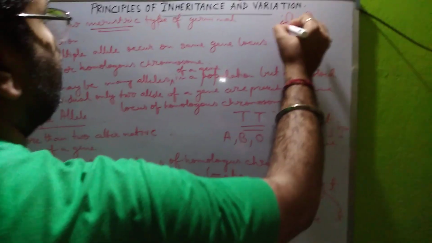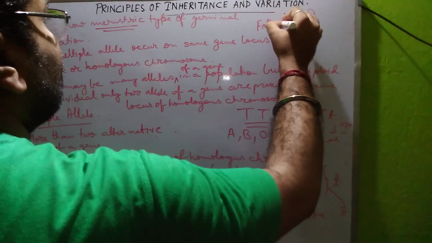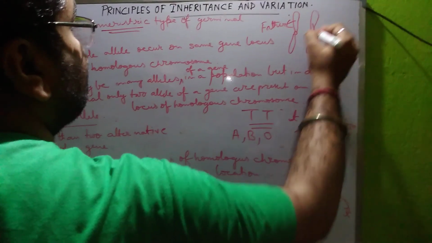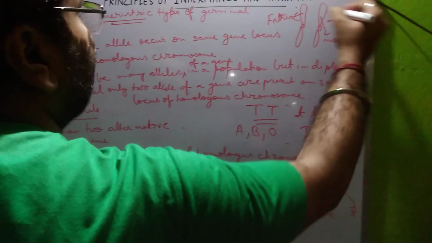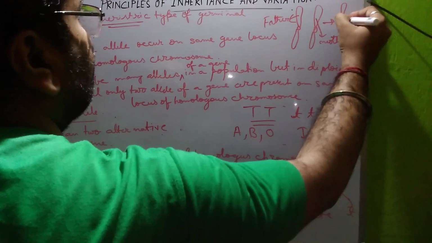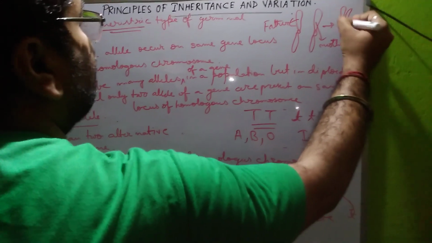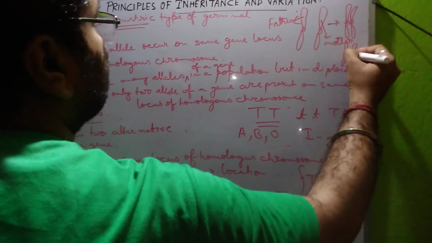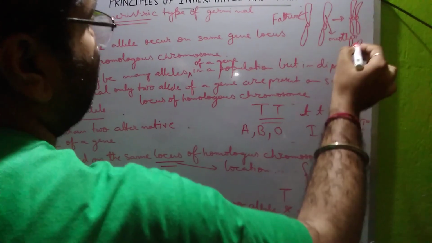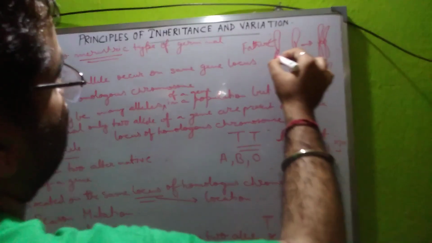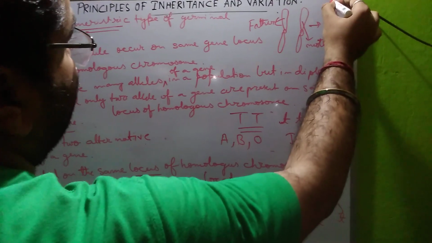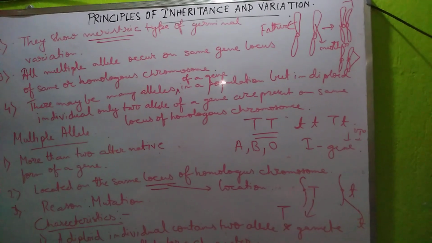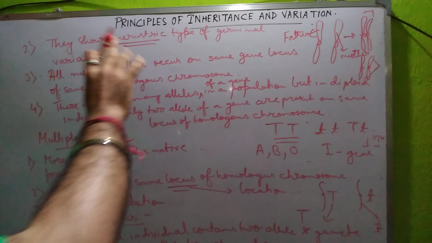Now this is from your father and this is from your mother. Now when there is a replication, what will happen? This one will have a homologous chromosome and this one will also have a homologous chromosome. Means after replication, each one forms a homologous chromosome. Father has 1 homologous pair of chromosomes and mother has also 1 pair of homologous chromosomes. This is what we try to say.